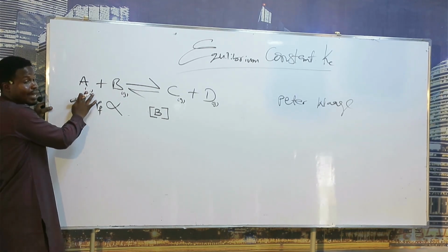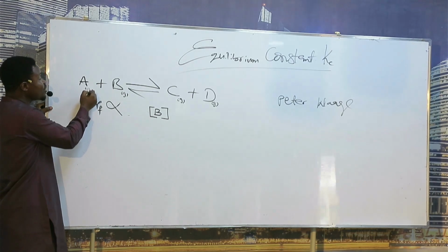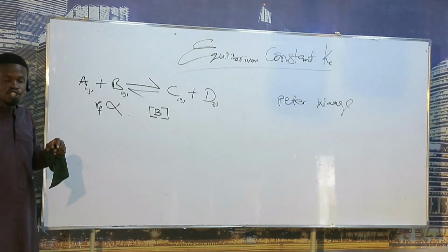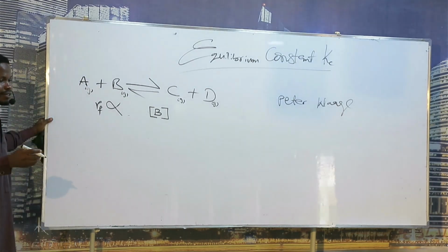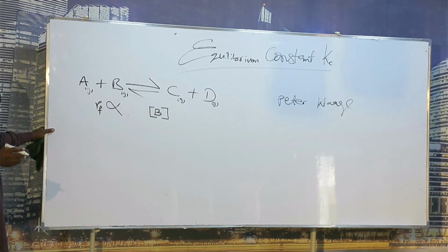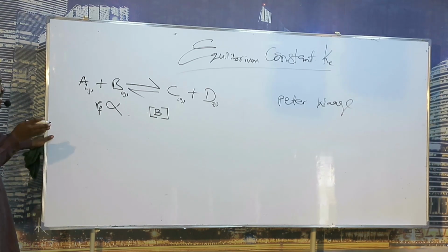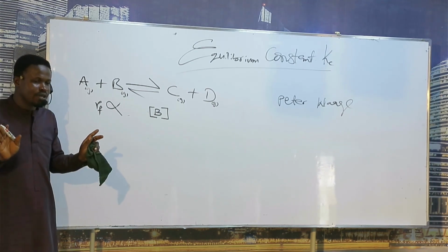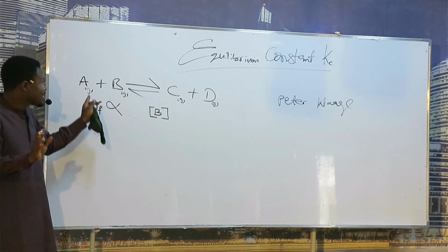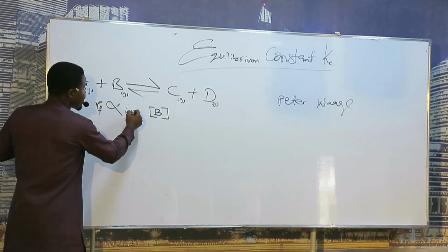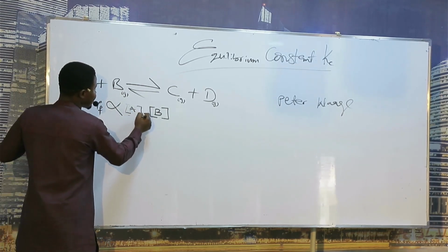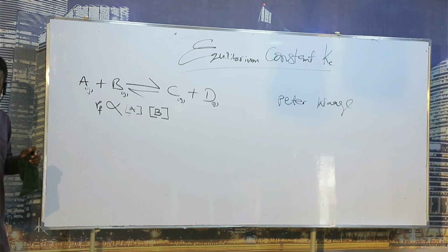Because it is an active species, and for it to be an active species, it should be a gas. So I have A and B.